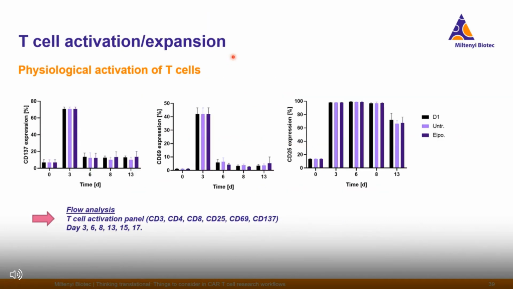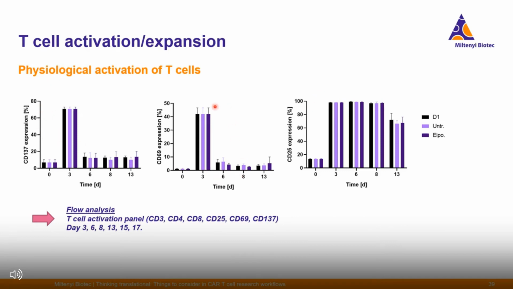Applying the T-cell activation panel, including the markers CD3, CD4, CD8, CD25, CD69, and CD137, we observed that all 3 markers were upregulated upon T-cell activation using T-cell TransAct via TCR signaling, but with different kinetics.